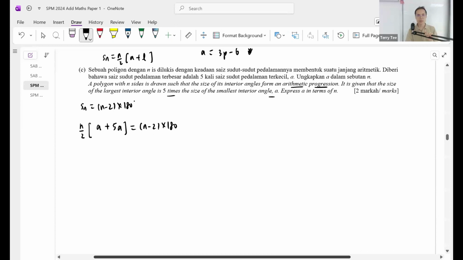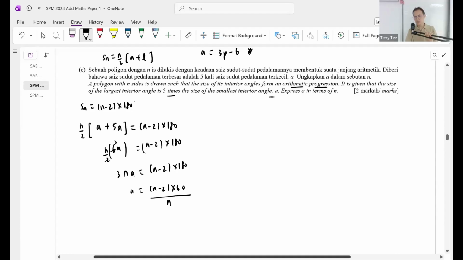Maybe what we can do is put this together. This is 6a, n over 2. We can cancel them. I'll just write one extra step times 180. So 6 and 2 cancel, left with 3. You can write 3 and a if you like. n minus 2 times 180. 180 you can divide by 3. What is 180 divided by 3? 60.